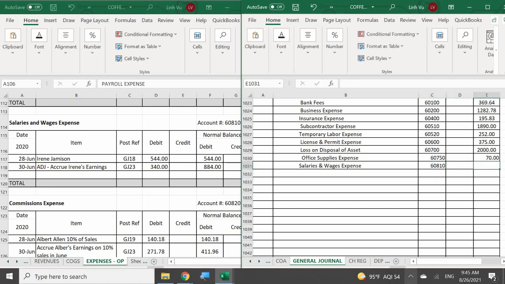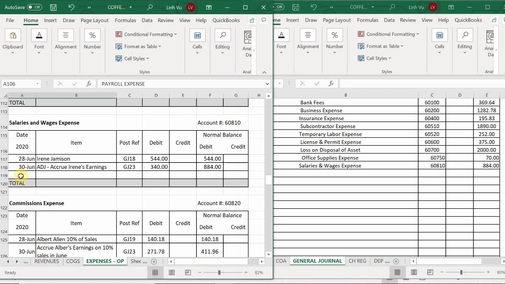How much are we going to credit our salaries and wages expense account? $884. Which then should definitely bring your account balance to 0.